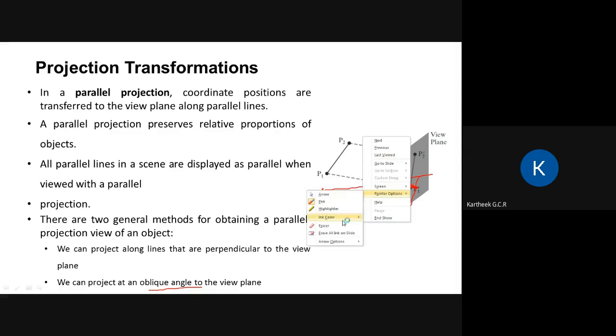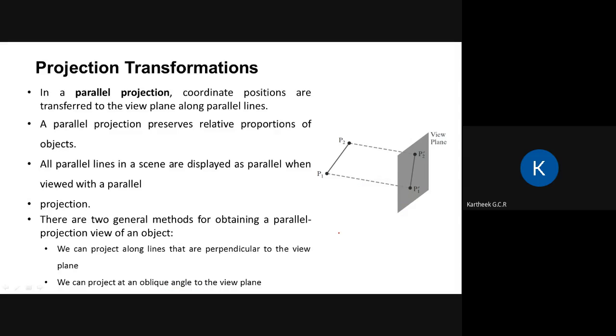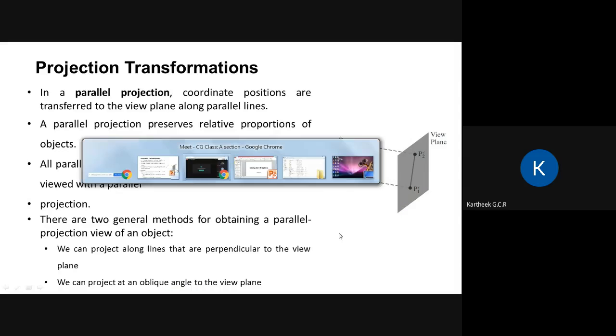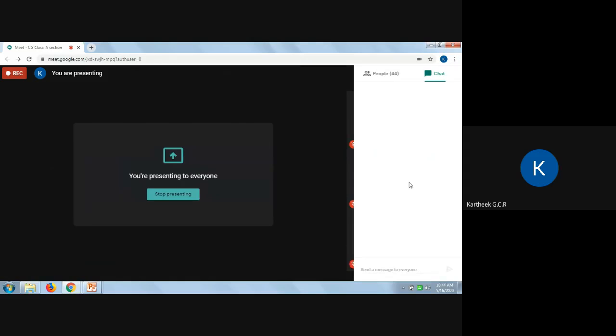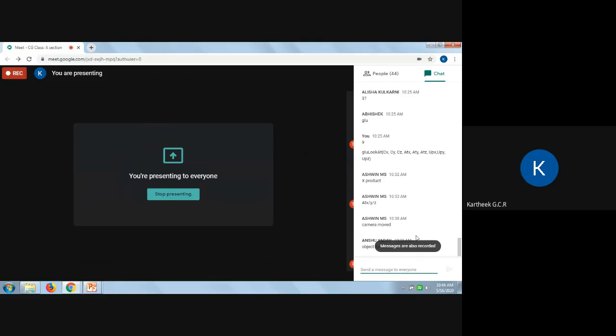That's the oblique projection. Did you guys get the difference between orthographic projection and the oblique projection? In orthographic the projectors are at 90 degrees, in oblique it is not. But in both cases, the projectors are parallel to each other, so both of them are considered parallel projections. Did you guys get the idea?